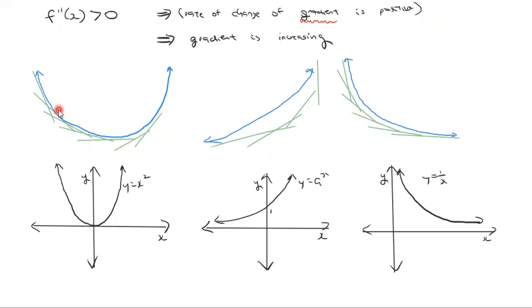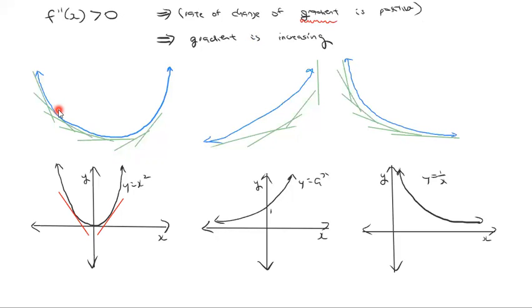So the first derivative is regarding the gradient itself, right? So here, for example, the gradient here is negative and the gradient here is positive, right? Agreed? Yeah.